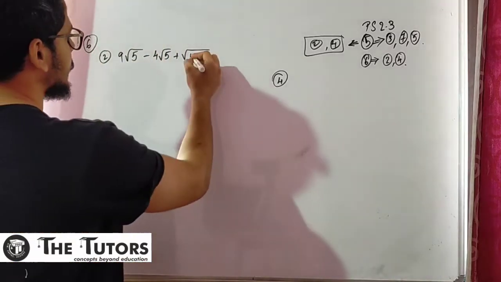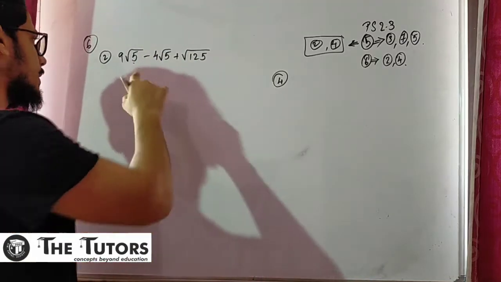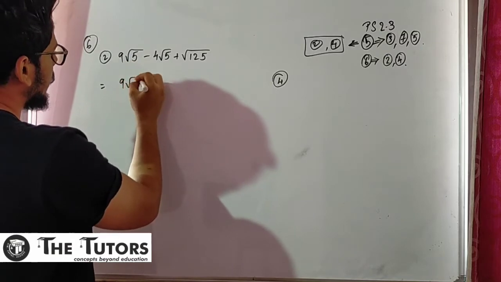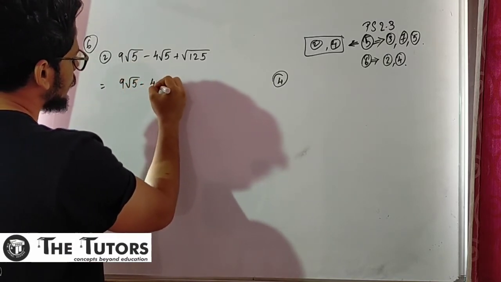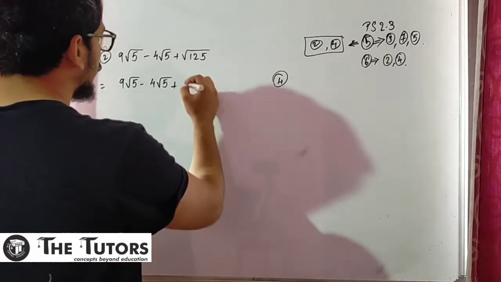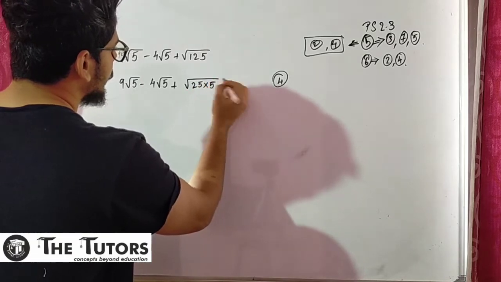First you see the biggest number is 125. The smallest number is 5. Then you see, you can write this as 9 root 5 minus 4 root 5 plus, what can 125 be written as? 125 can be written as 25 into 5.